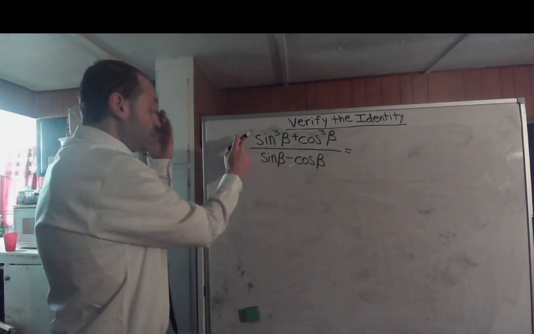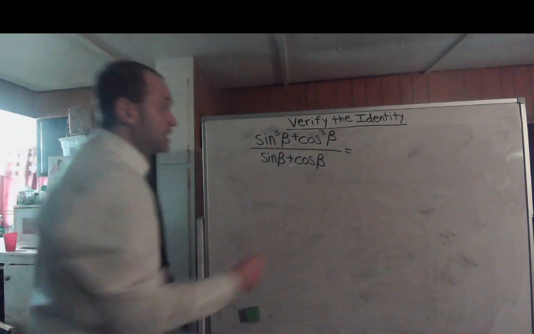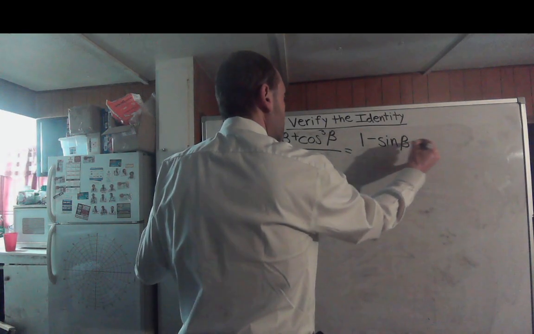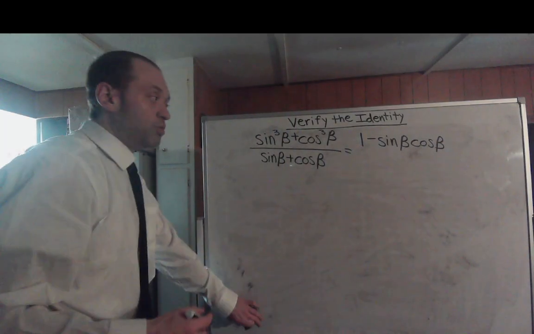So sine cubed of beta plus cosine cubed of beta over sine of beta plus cosine of beta equals 1 minus the sine of beta cosine of beta.